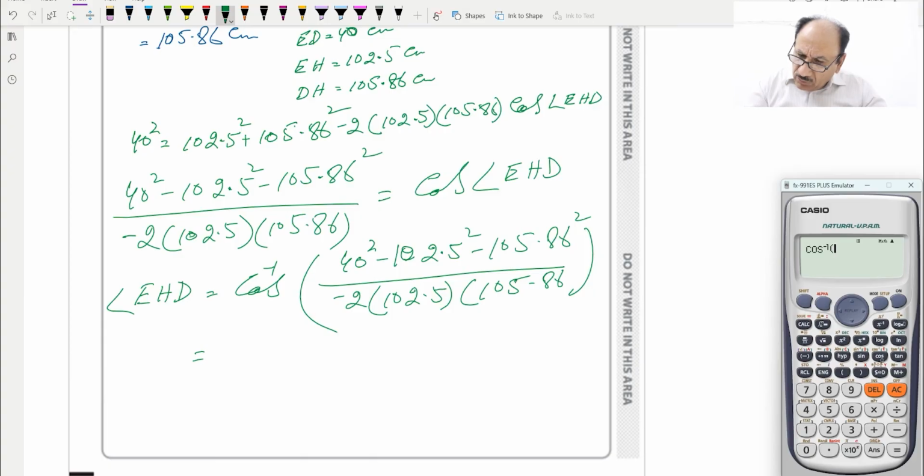So shift cos of fraction, which is 40 square minus 102.5 square and minus 105.86 square over this will be minus 2 into 102.5 and bracket close, and next 105.86 bracket close, and the whole bracket will be closed, and this is giving us, we missed something.